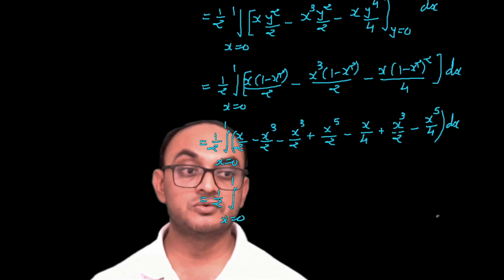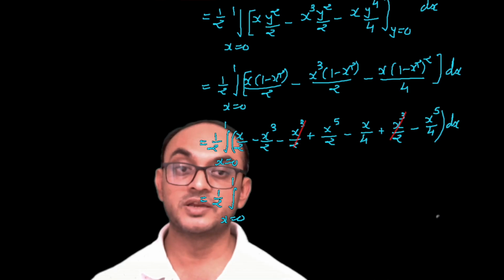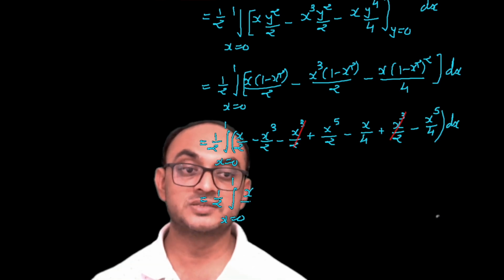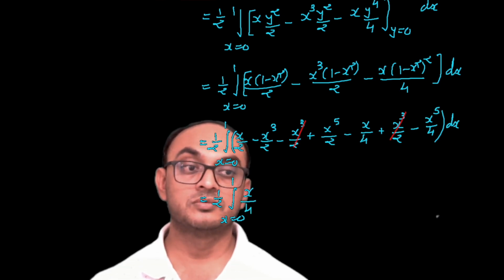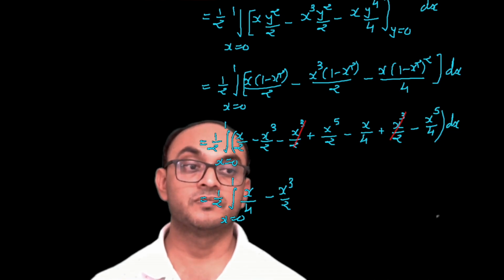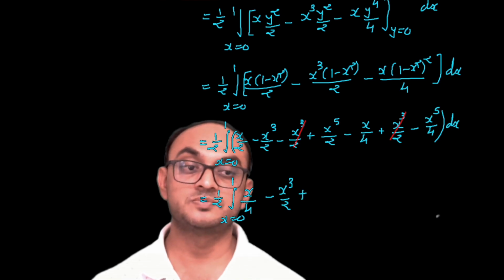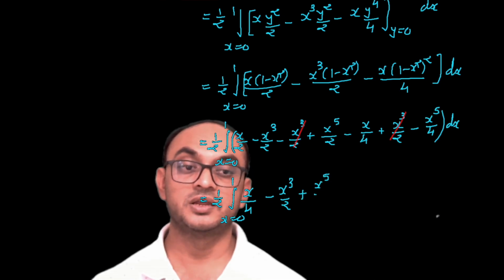Now I can cancel out plus x cube by 2 minus x cube by 2, and so finally x by 2 minus x by 4 is x divided by 4, then minus x cube by 2, and then x raised to 5 by 2 minus x raised to 5 by 4 is plus x raised to 5 divided by 4 dx.